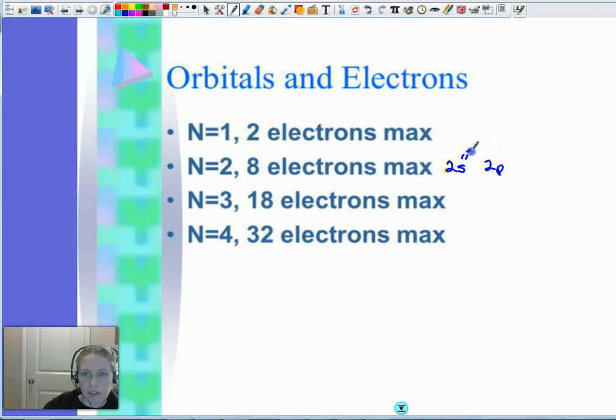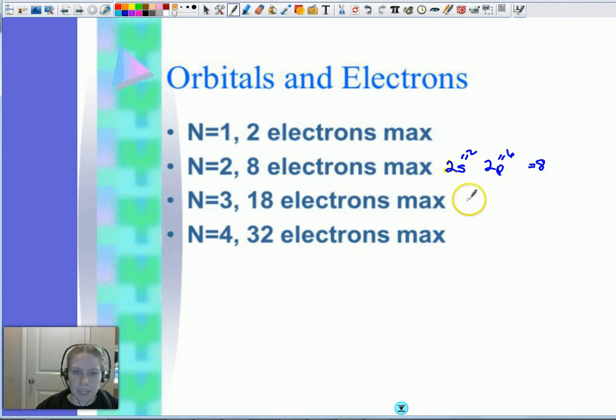And this can hold 2, and this can hold 6. Remember, when we look at the p block on the periodic table, they have 6 valence electron shell spaces, so to speak, and then the other 2 are made up from the s block, and that gives us a total of 8.